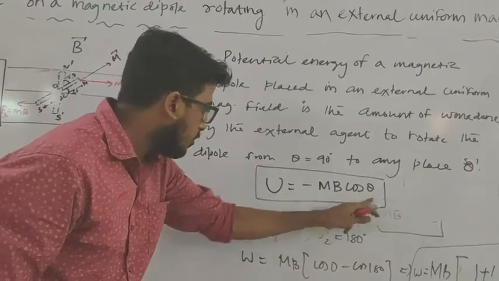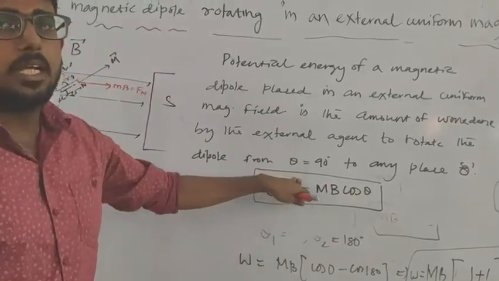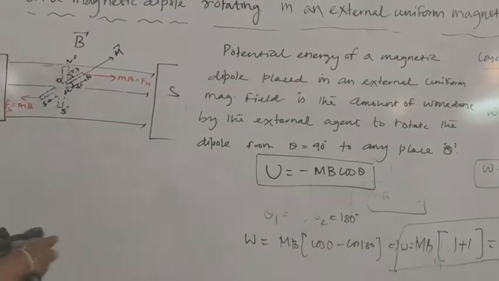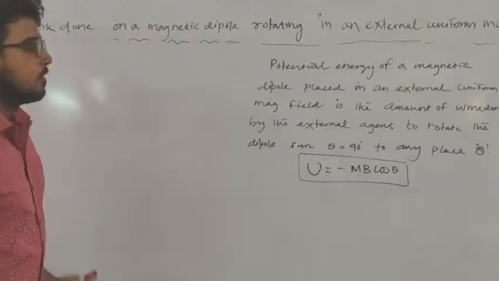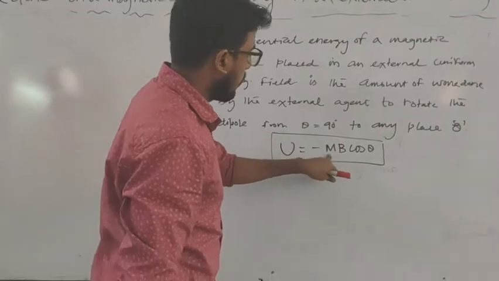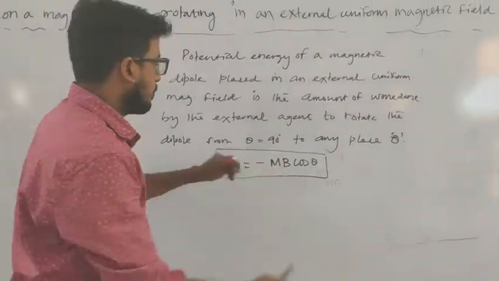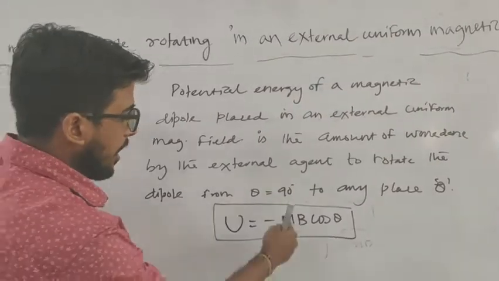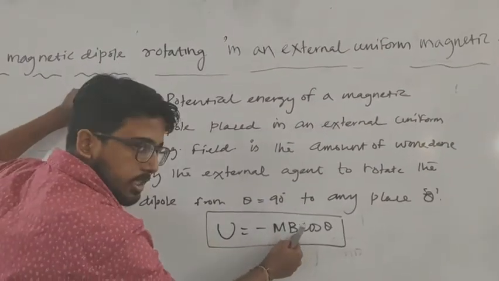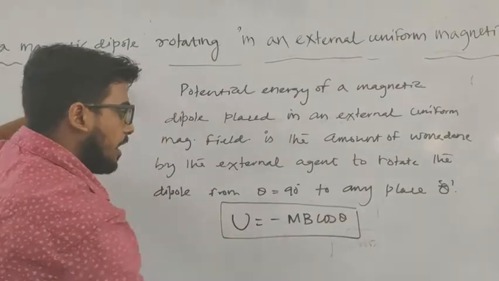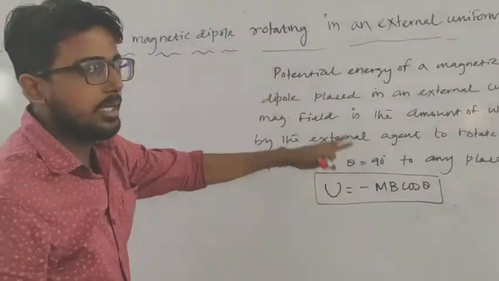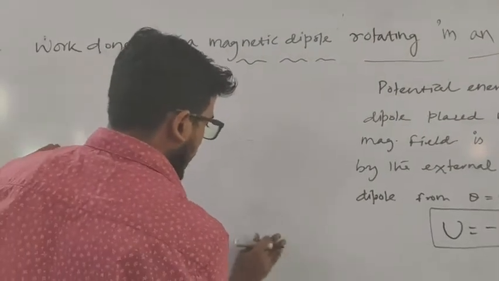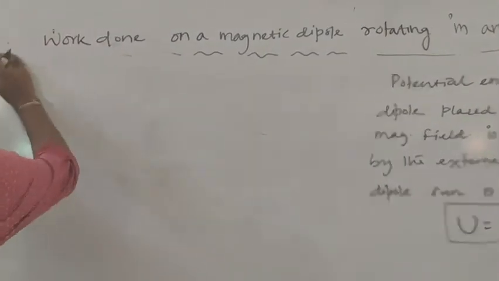So this is the value of potential energy of a magnetic dipole placed in a uniform magnetic field, where M is the dipole moment, B is the external magnetic field strength, and theta is the angle between dipole moment and magnetic field strength. So now let us calculate the potential energy of the magnetic dipole for some special positions.